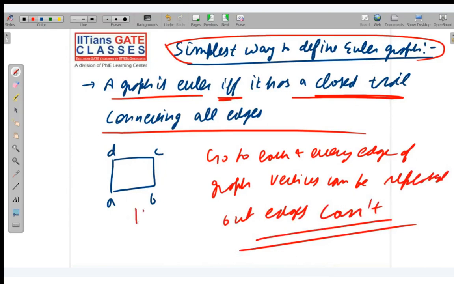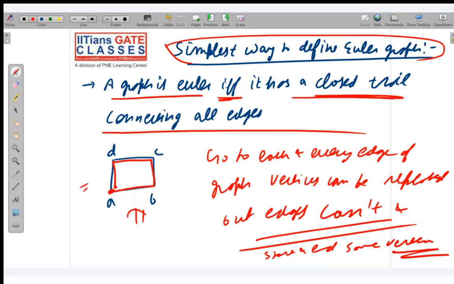For example, you start from a, cover this edge 1 2 3 4, and come back to where you started. Go to each and every edge of the graph. Vertices can be repeated but edges can't, and start and end at the same vertex.